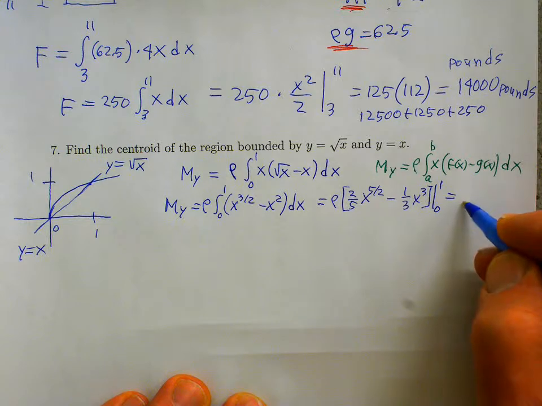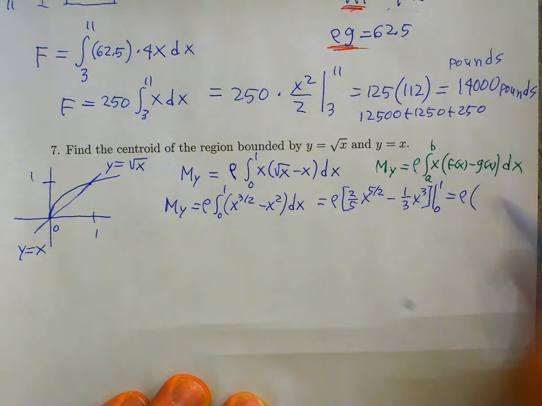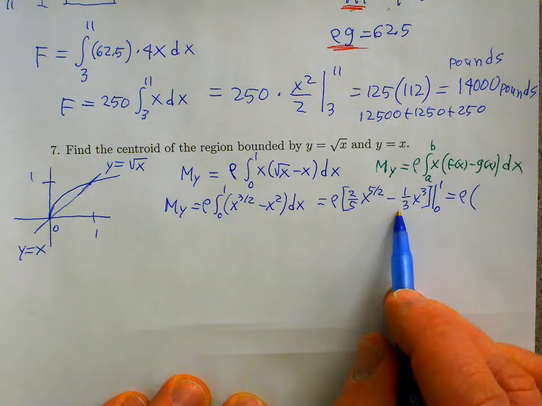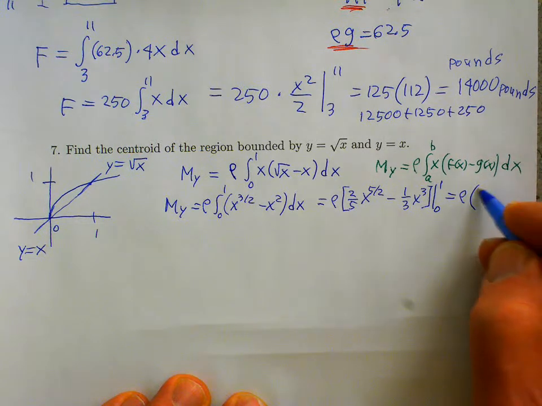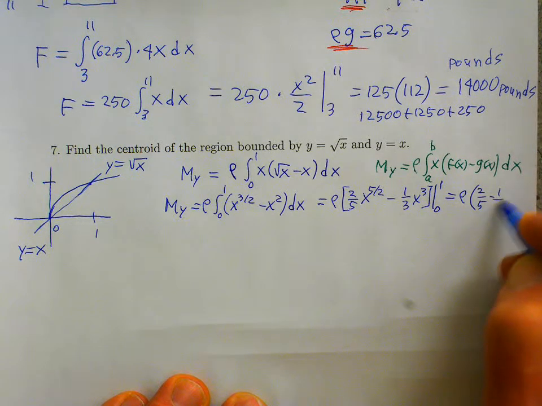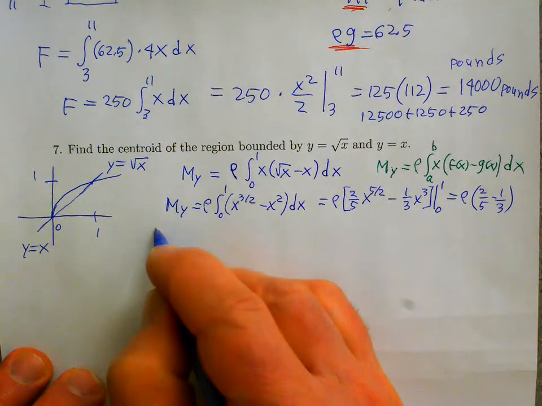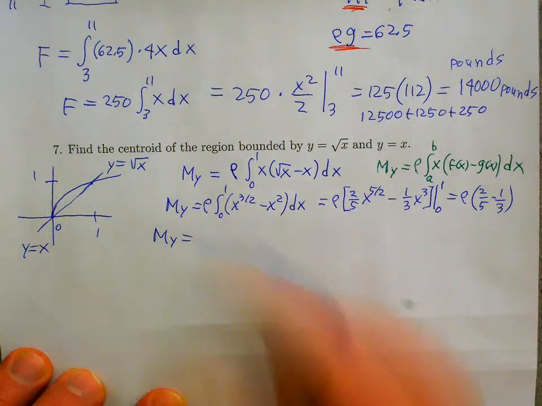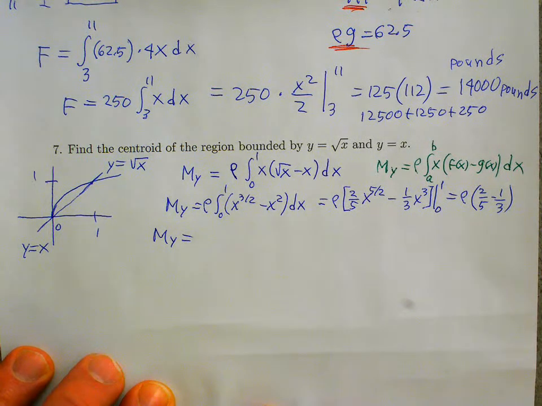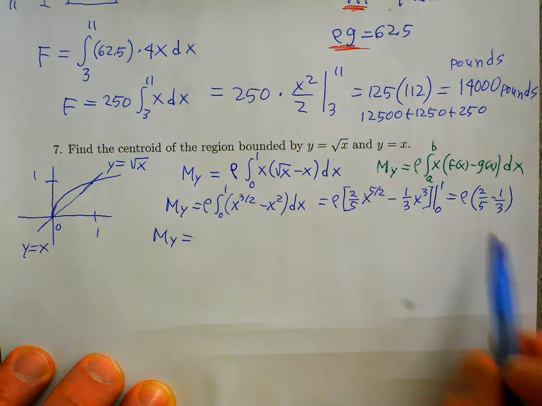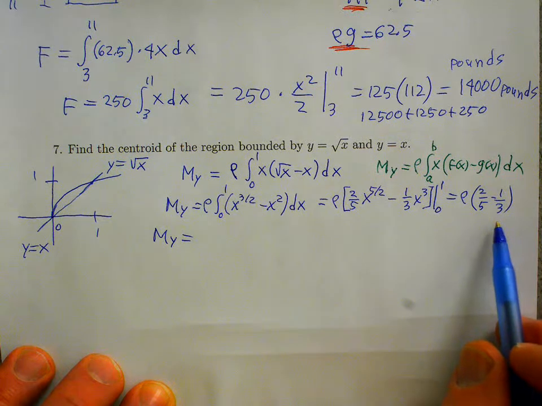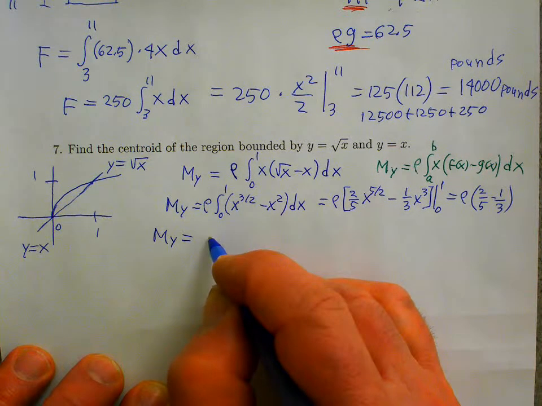So we're going to get rho times 2/5 minus 1/3. And so the moment of the region about the y-axis is just going to be rho times 1/15.